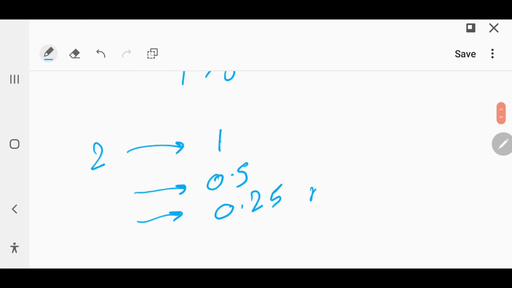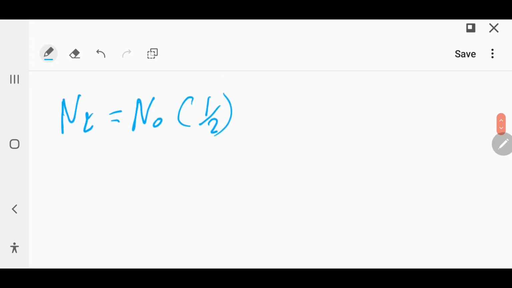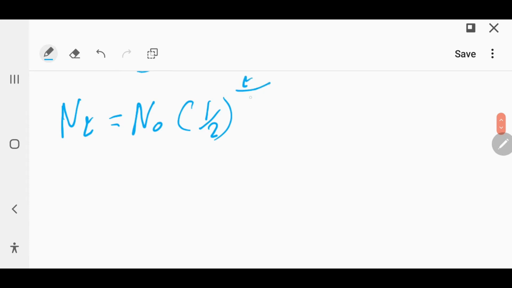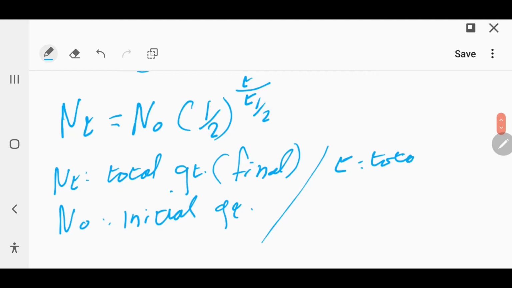Or we can use a formula, which is N_t equals N_0 times one half to the power of t over t half, where N_t is the final quantity, N_0 is the initial quantity, t is the total time, and t half is the half-life.